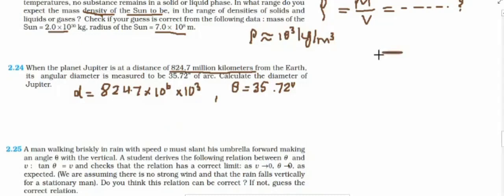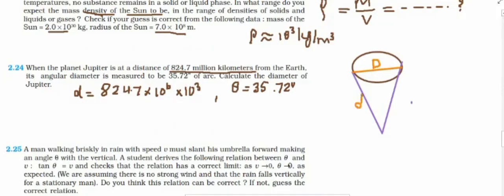Okay, the situation is like this. Imagine Jupiter, then the distance, then the diameter of Jupiter. Now, the diameter of Jupiter, capital D, you have to calculate. This distance is given, this angle is given.